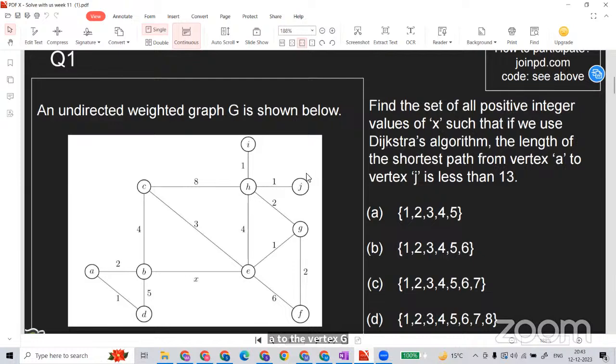Here is vertex J, and here is vertex A. So we want to find the set of possible values of x so that the minimum distance will be less than 13.